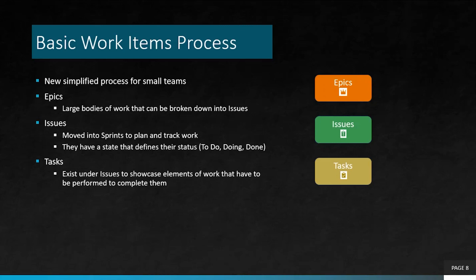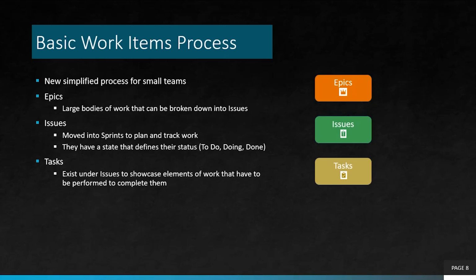So the epic is the bigger one, and you can break an epic into issues, and then issues are moved into the sprints to plan and track the work that your team is going to take on and hopefully achieve, right? And they have states that define their status. So it can be to do, doing, or done.